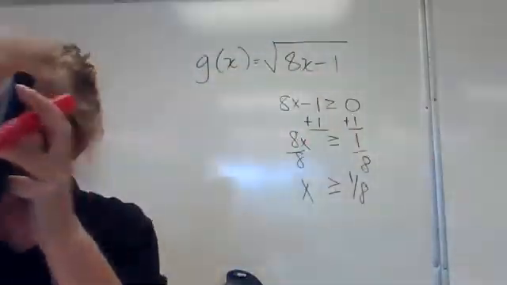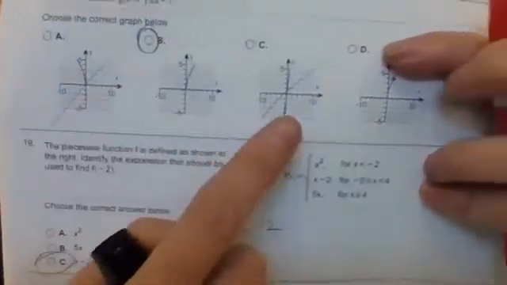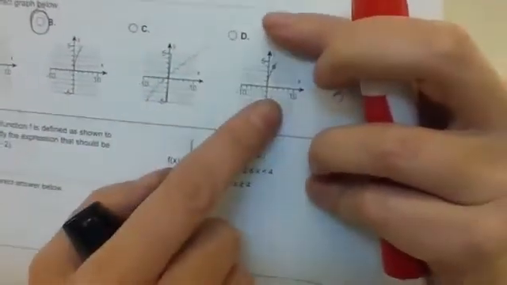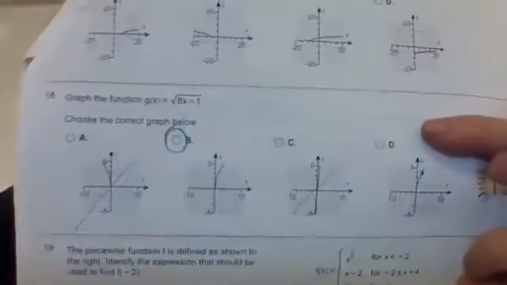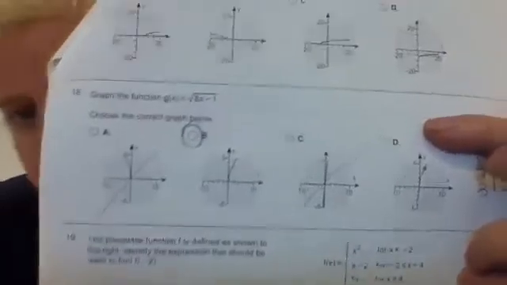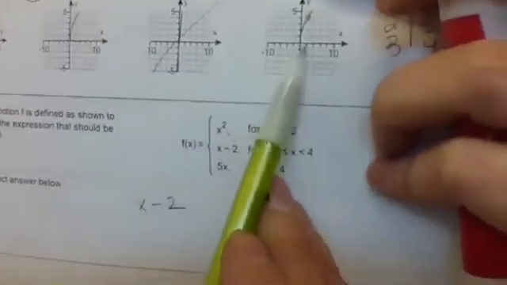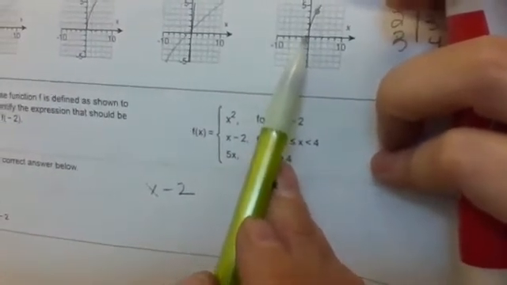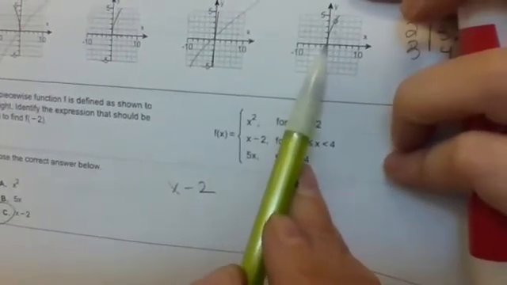So when you are looking at this, it's very hard to tell. A and C were easy to knock out, because they aren't the right shape. But look at B and D. They look very similar. If you blew this one up with the magnifying glass in Math Lab, you'll see that this one actually does start a little bit to the left, which means the x's are in the negative.